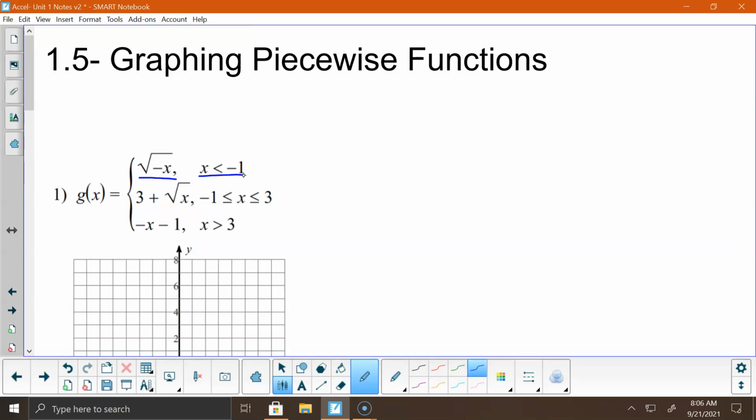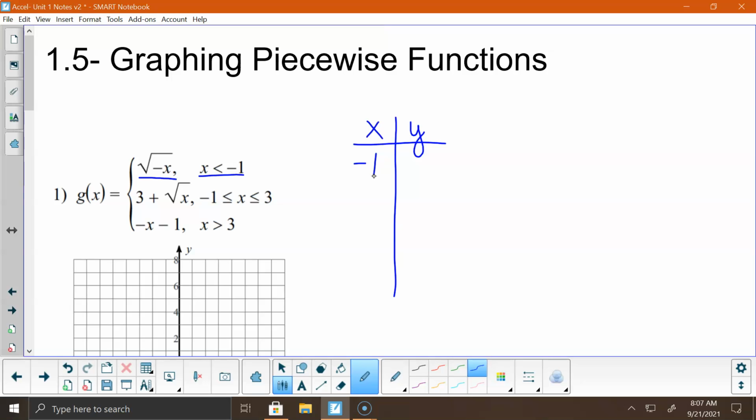What I tell students to do is to make a table of values in that color for those values. So you're going to start with -1 for an x. Even though it's less than -1, you still want to have a value to go there. It'll just be an open circle because it's not equal to.